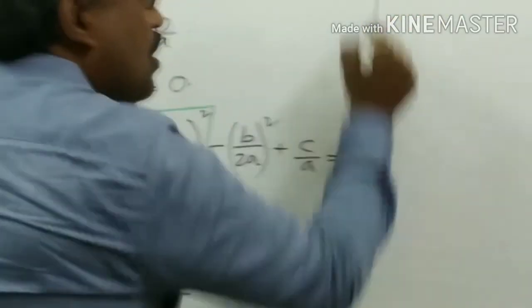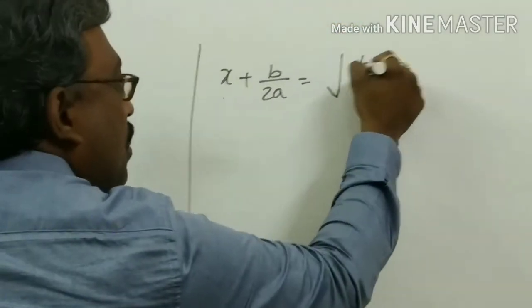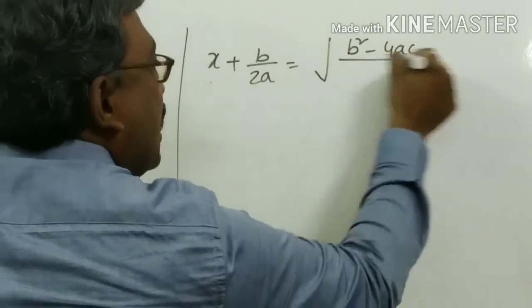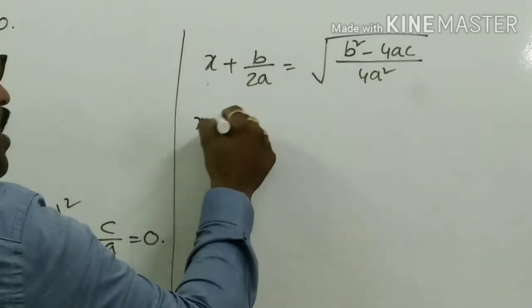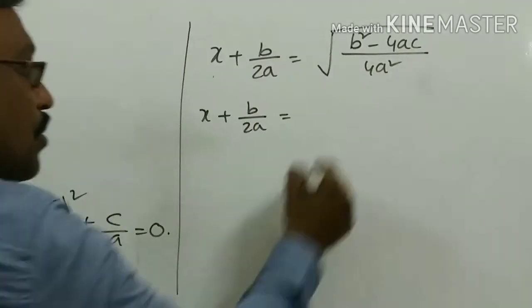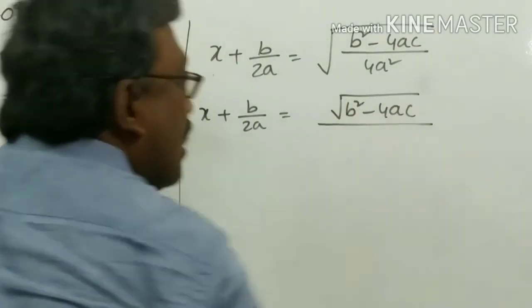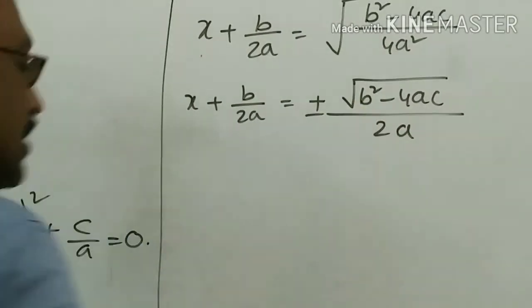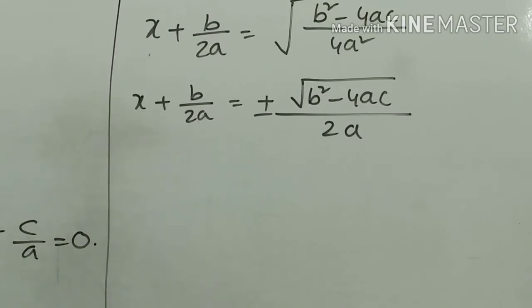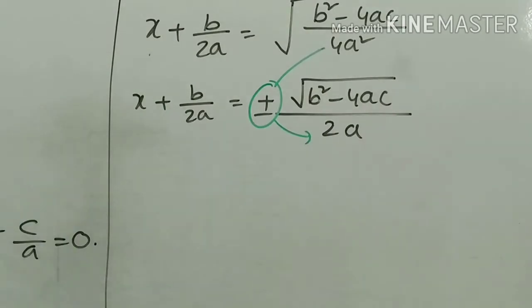So x + b/2a = ±√(b² − 4ac)/√(4a²). The numerator stays as it is, and the denominator's square root becomes 2a.